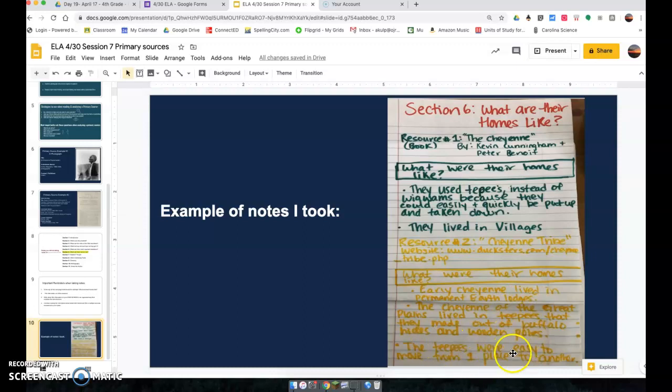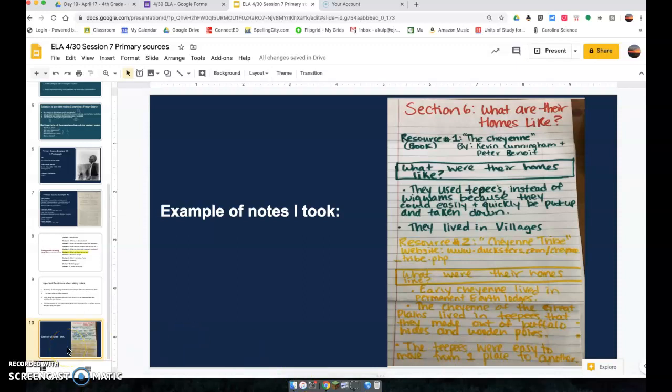And the teepees were easy to move from one place to another. So by looking in that second resource, I did gain some new information about the early Cheyenne and about what the teepees were made out of. And I gained confirmation. I saw that it was repeated that the reason they used teepees was because they were easy to move. They could easily be quickly put up and taken down and moved from one place to another.